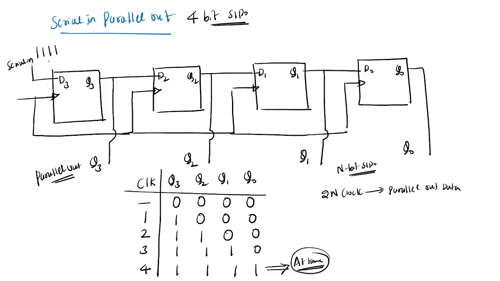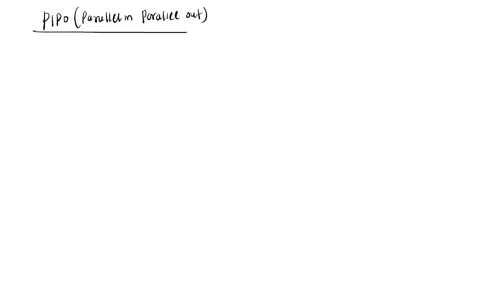Next we'll see PIPO, parallel in parallel out. Parallel in parallel out means suppose you are connecting 4 D flip flops.